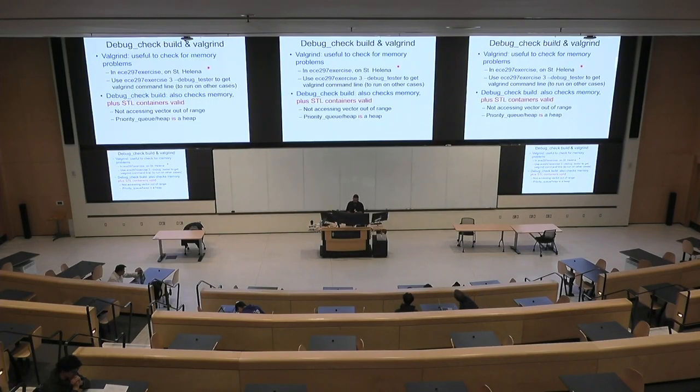In ECE297 exercise, it's running on St. Helena as well, similar to milestone 1. You can also use ECE297 exercise 3 debug tester to get the Valgrind command if you want to test it on some larger map, or if you found an issue that it's going out of memory or something. The debug check build is also important in this case.